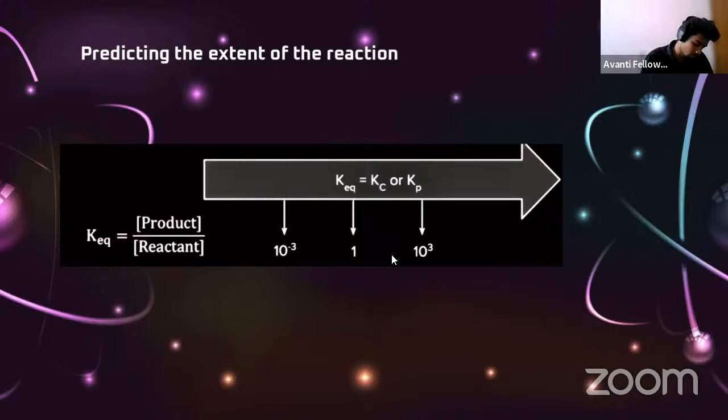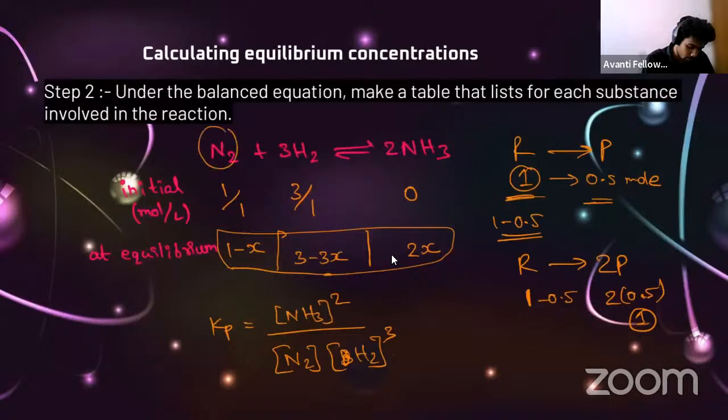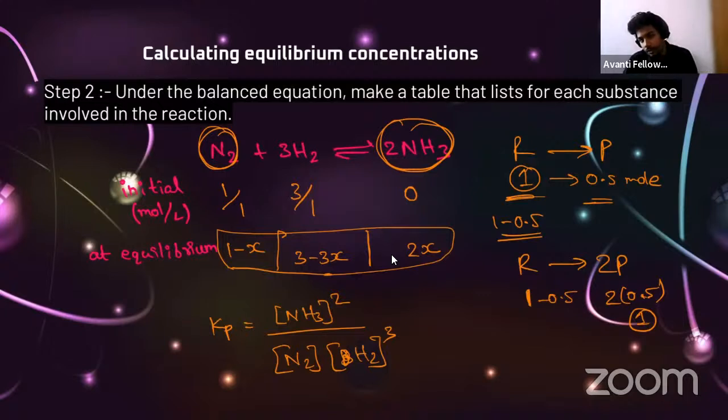See here, why we are not considering x = 2.62 is because of what happens in the equilibrium reaction. Now we know that 1 mole of nitrogen is producing 2 moles of ammonia, right? Now if the x value is more than 1, what happens? The concentration of ammonia will be greater than what the nitrogen can produce, where nitrogen is not even available that much, so it cannot produce that much ammonia.